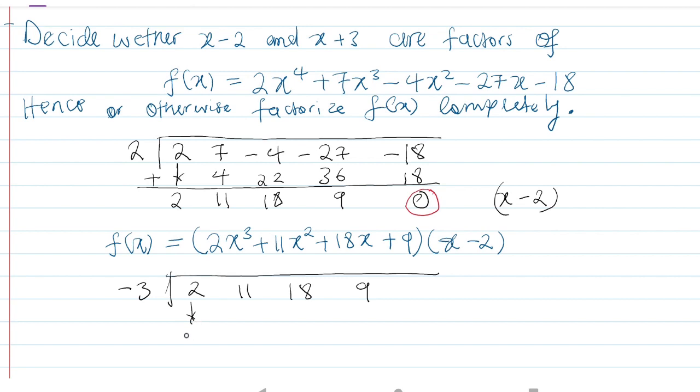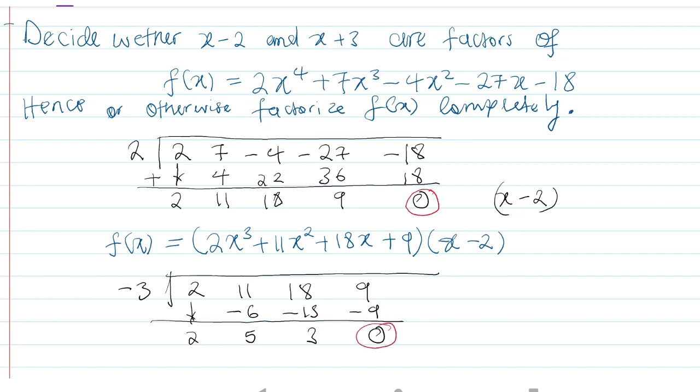So straight away we drop the 2. Okay, then we do the product. We have negative 6, then 11 plus negative 6 is 5. Then negative 3 by 5 is negative 15. If we add there, we get 3. Negative 3 by 3 is negative 9. When we add, we get 0.